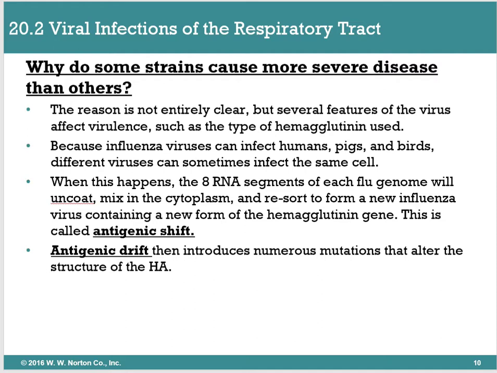Whenever 2 flu viruses infect one cell and rearrange, that's called antigenic shifting, which we've already talked about. That is one of the main reasons why the flu virus is constantly changing and very, very diverse. And then antigenic drifting is whenever there's just random mutation that happens over time, and that can also alter the HA structure as well.